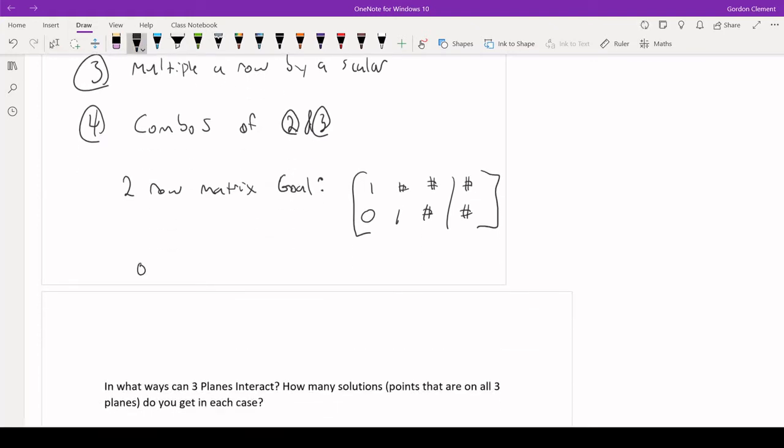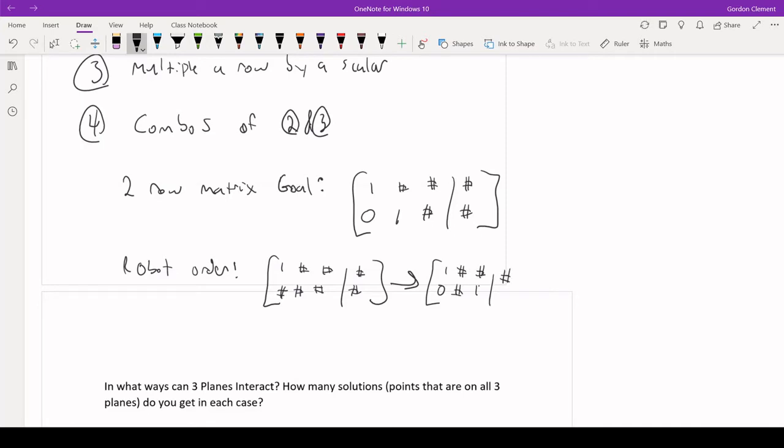Sort of what I'm going to call the robotic order. So if we are just robots blindly going through this, sometimes there's better ways to do this, but these steps will always work. You'll first start by getting the 1 there. And then you will get the 0 below. I'll show you a way that you can always use the 1 to make the 0.